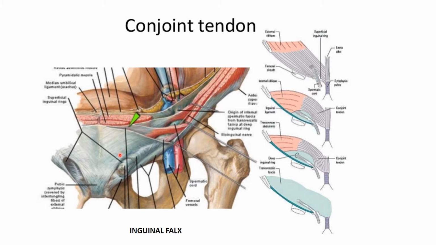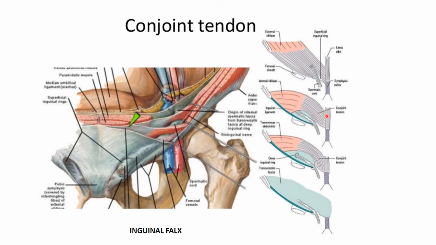These fibers lie just behind the superficial inguinal ring, and they strengthen the medial part of the posterior wall of the inguinal canal. So this deficiency is strengthened here, and it is also known as the falx inguinalis or inguinal falx.